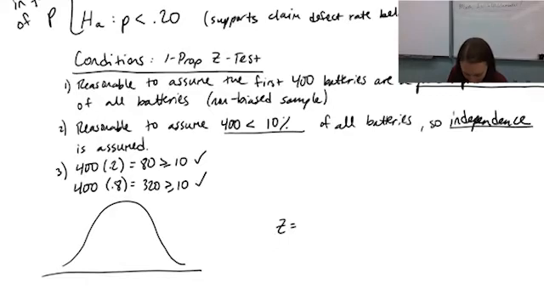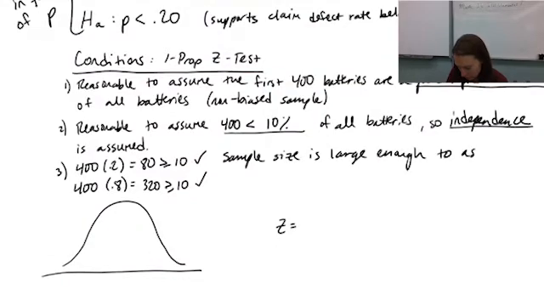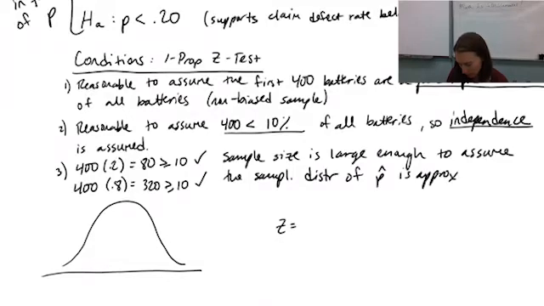So the sample size is large enough to assume the sampling distribution of p hat is approximately normal. Hopefully you have that kind of memorized. Should be second nature to you by now after doing all of our confidence intervals.